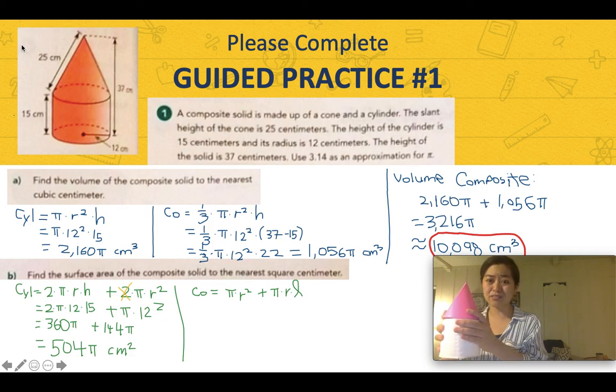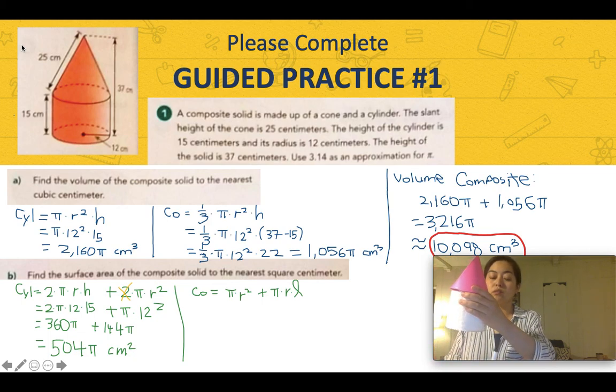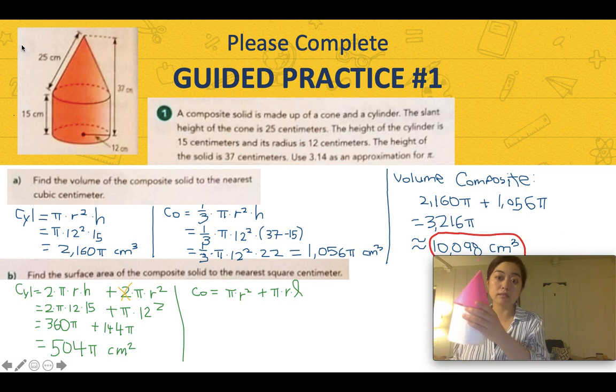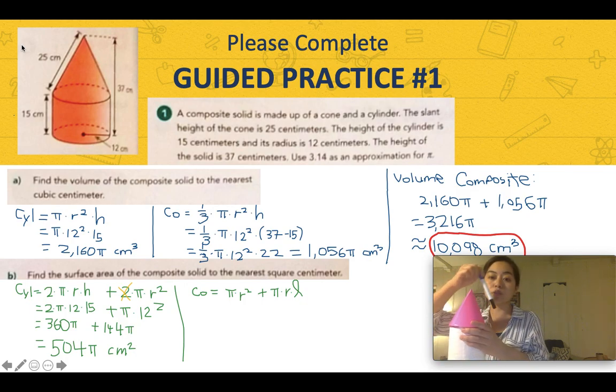No, it doesn't, right? Because the whole structure, again, the surface area is this curved part of the cone, and then it's also the curved surface area of the cylinder, and then just this one base at the bottom of the cylinder, and that's it, right? So for the cone, it doesn't account for the base, right?